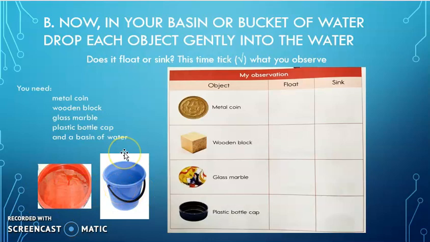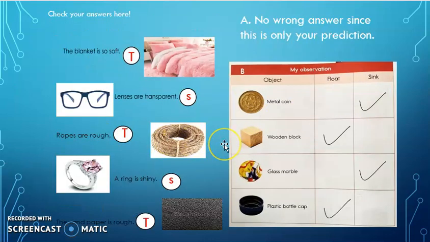So this is what you will do now. In your basin or bucket of water, drop each object gently into the water. So take one object at a time and drop it, and then write down here your observation, if it floats or sinks. You can pause this one.